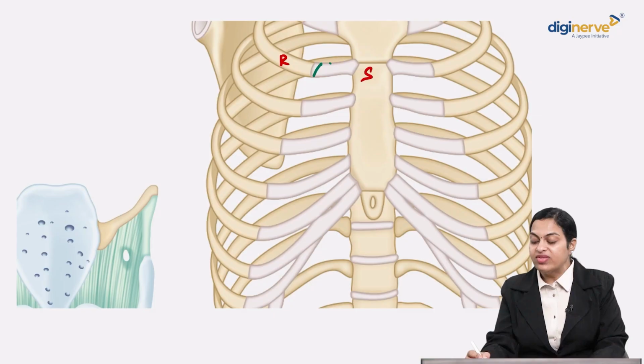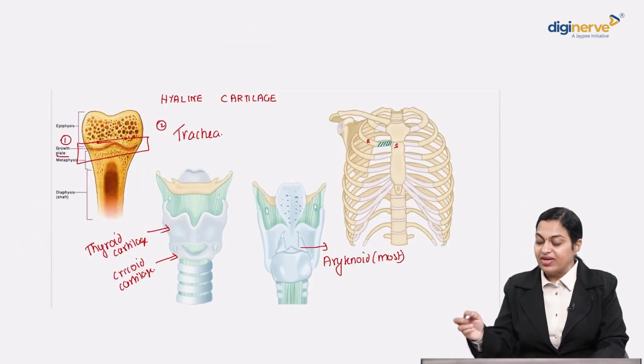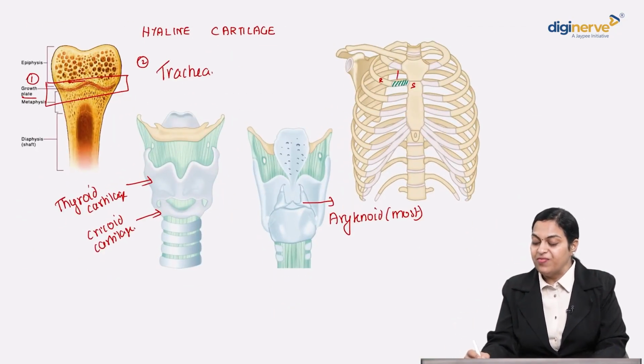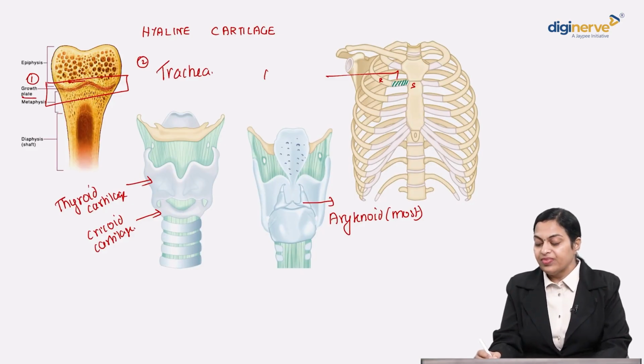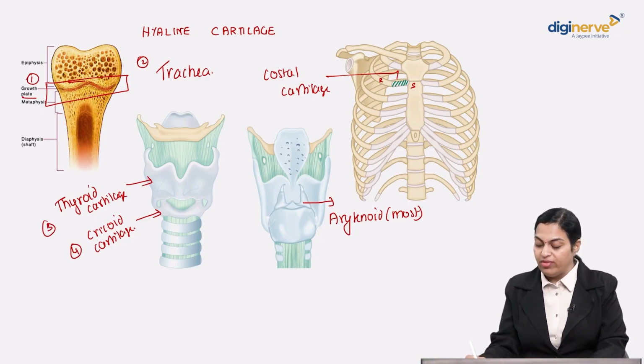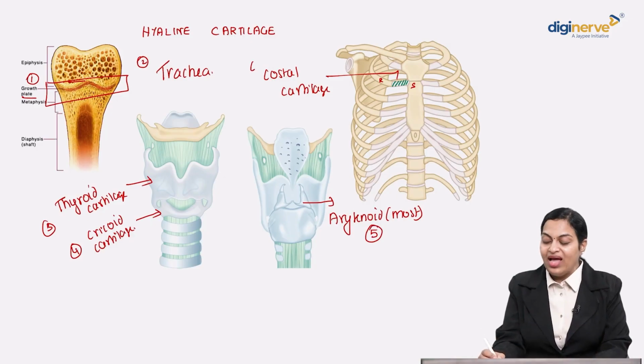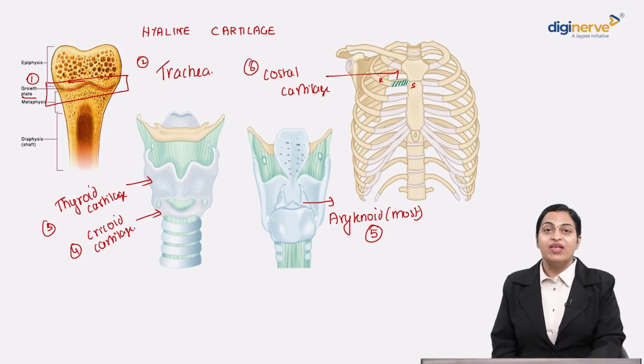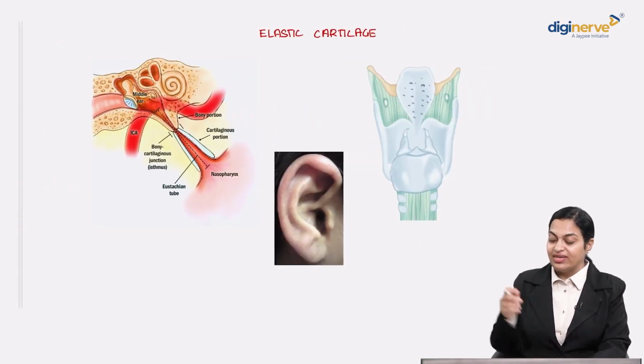Yes, what is this connecting the sternum to the ribs? The costal cartilage. That is also made up of hyaline cartilage. Okay, so the epiphyseal growth plate, the trachea, the cartilages of the larynx, thyroid, cricoid, most of the arytenoid, and the costal cartilage are the best examples for hyaline cartilage.